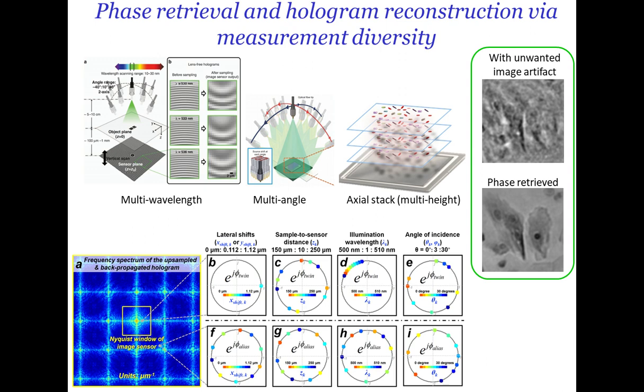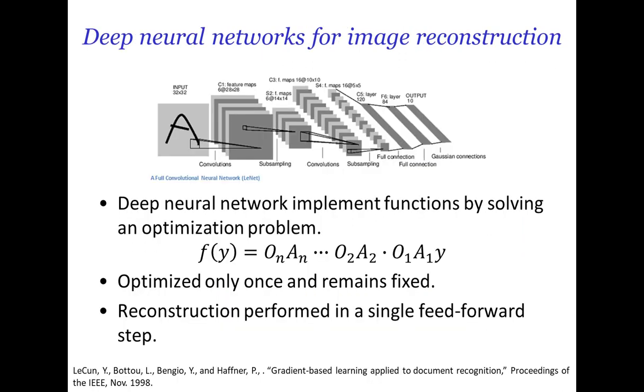So we spent a lot of time as a community to mature this field so that we can reconstruct images without any artifacts or with least artifacts using physical techniques, physical methods.